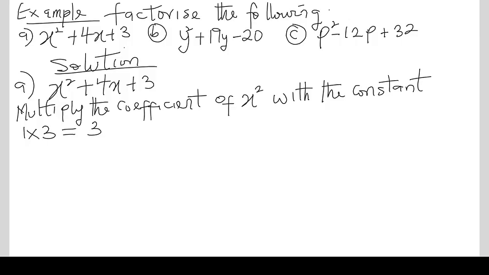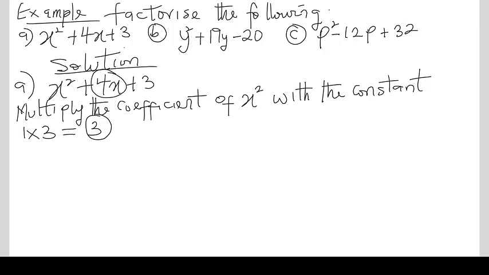After getting that, you now need to get the factors of the answer that we have gotten here, which is 3. So the factors of the multiplication, we have to get them such that when you add up the 2 factors, they must give you the coefficient of x.